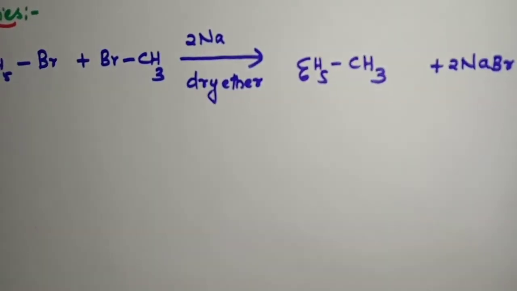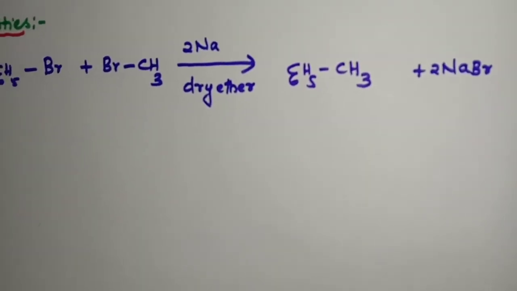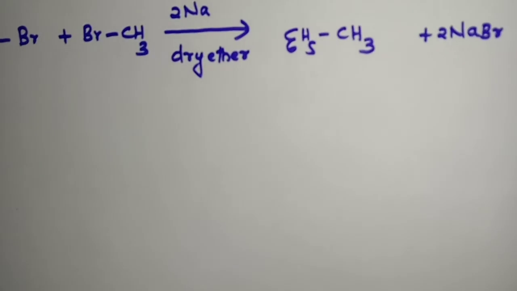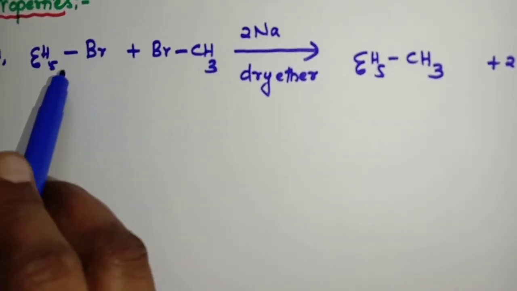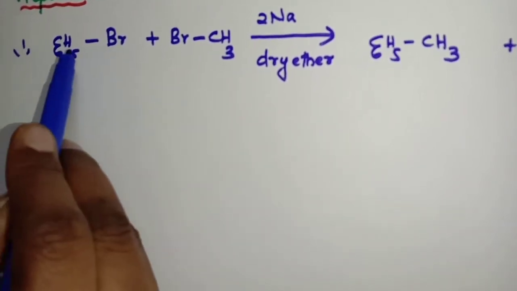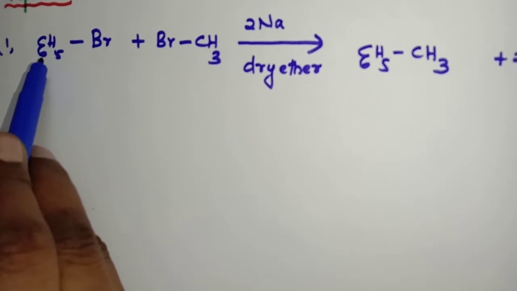Okay, so this is methyl benzene or it is called as toluene. So this is the first chemical property of aryl halide, students. I have taken the example. What is this? This is aryl halide, students, with a halogen attached to the benzene ring, phenyl bromide or bromobenzene.